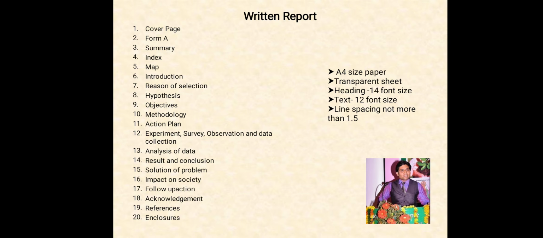The sequence of 20 headings in the project report is first cover page, then form A, then summary, then index, then map, then introduction, then reason of selection, then hypothesis, then objectives, then methodology, then action plan, then experiment, survey, observation and data collection, then analysis of data, then result and conclusion, then solution of problem, then impact on society, then follow up action, then acknowledgement, then references, then enclosures.